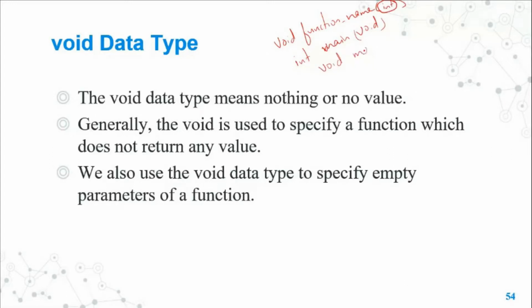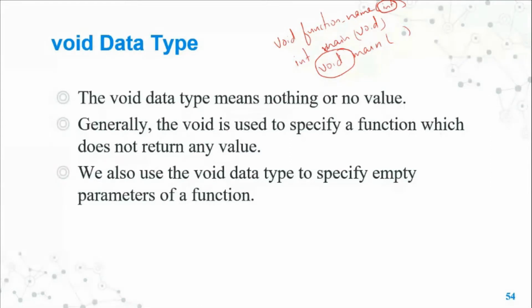Void main also is possible, because in this case, if it is written as void, there won't be a return statement. The return statement is not necessary in the main function in that case. So void means nothing, or this is used to specify that the function returns nothing or the function takes in nothing.